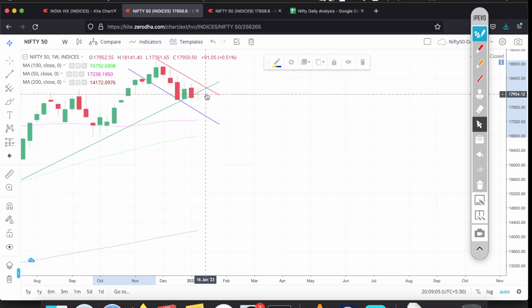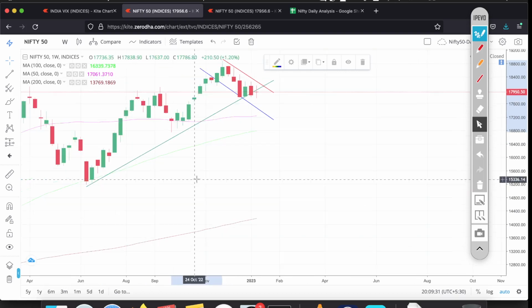It can either break this support and go down, or break this resistance, which is at some 18,000, 18,132, 18,150 maybe, and go up. So either of these two is going to happen during the next week. Which will happen is clearly not predictable now.